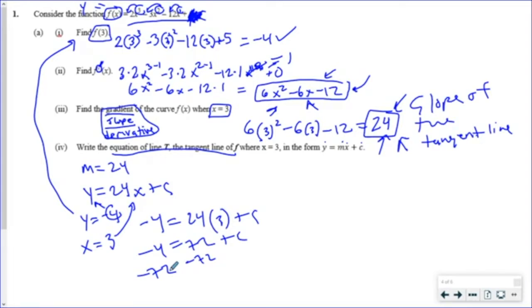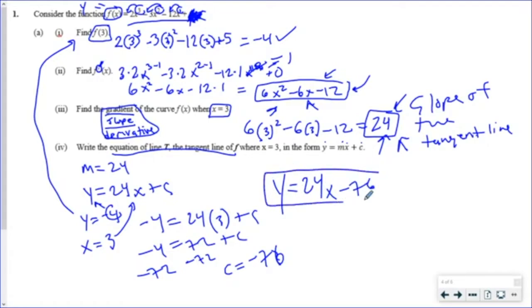You might be laughing at me, but you'd be surprised how many people can't even do this. So we get negative 76. So c equals negative 76. Now let's write our equation. y equals 24x minus 76. My equation.